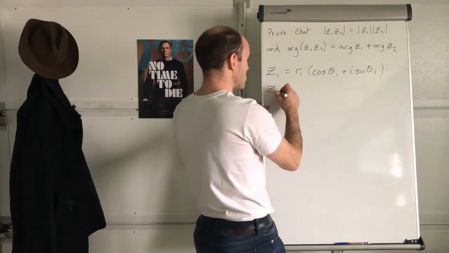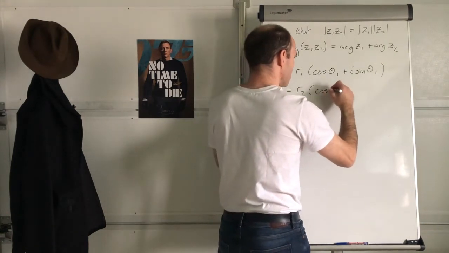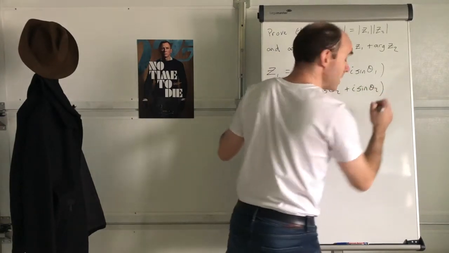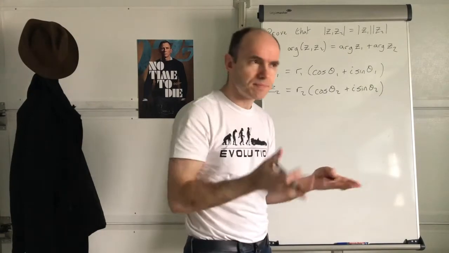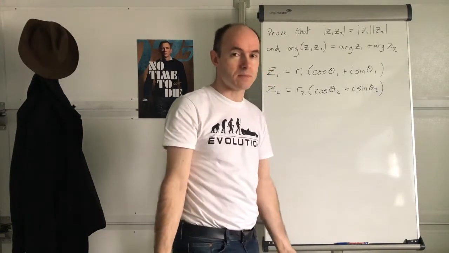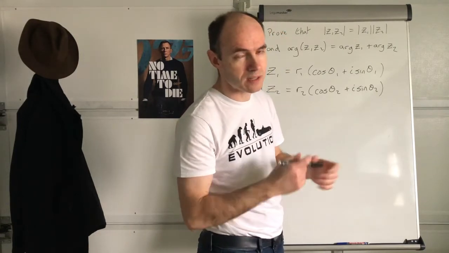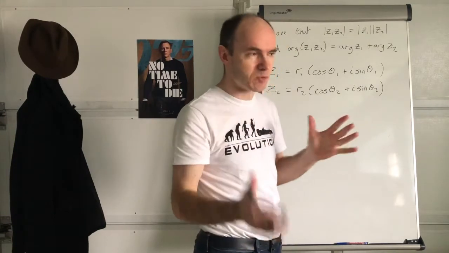And there's a similar expression for the complex number z2: r2 (cos theta 2 plus i sin theta 2). Now maybe in thinking about your proof you're a little bit stuck with where to start. That is the difficult thing with maths sometimes, knowing where to start, and the only thing that experience can help you with. When you've seen enough topics or proofs, you get an idea of where to start.